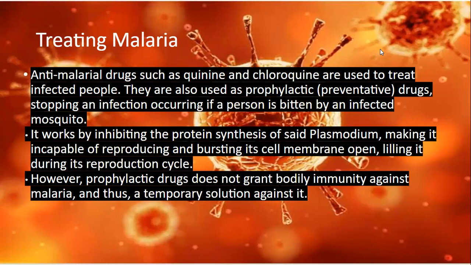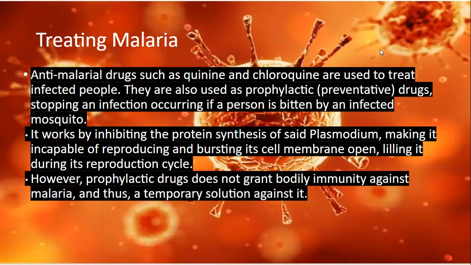This sort of drug works by inhibiting the photosynthesis of Plasmodium, making it incapable of reproducing and bursting its cell membrane open, killing it during its reproduction cycle.